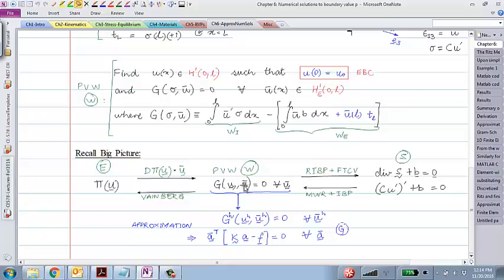And we are going to plug in approximations for the real displacement, plug in approximations for the virtual displacement, and get an approximate weak form that we can actually solve. And that will lead to these types of equations that, if you remember, we saw in the Friday session. But okay, let's see how to do that.